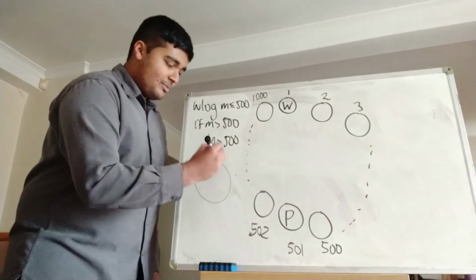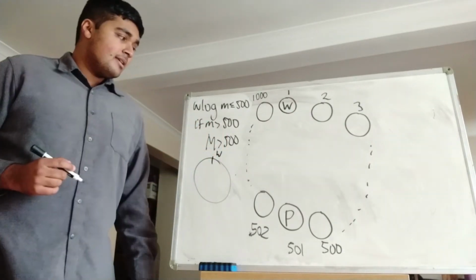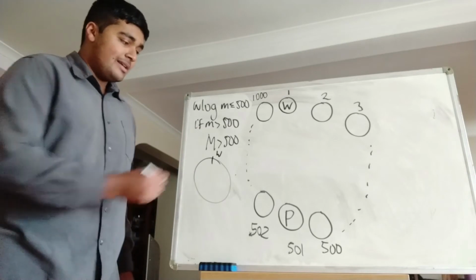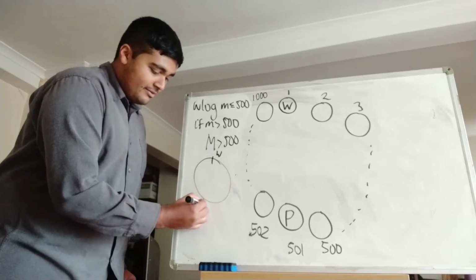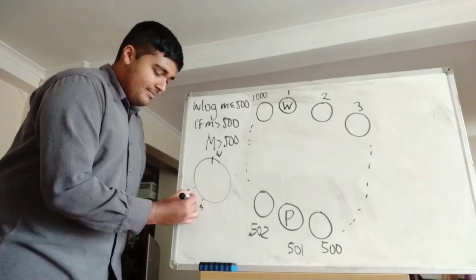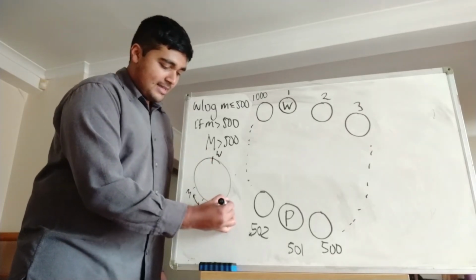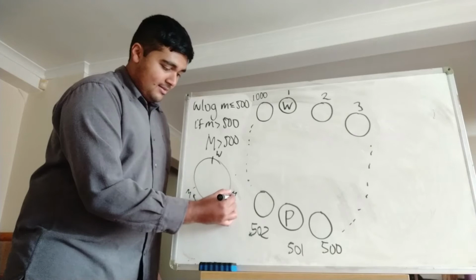Well, let's consider Wenjie's first move. He starts there. Because he can move between little m and big M, either clockwise or anti-clockwise, clockwise he can move, say, in that region there. And if he were to move anti-clockwise, that corresponds to, say, that region there.